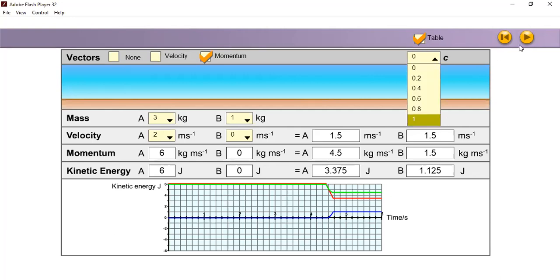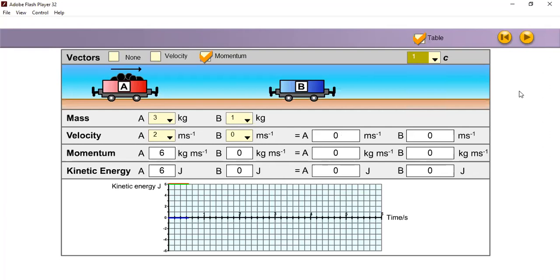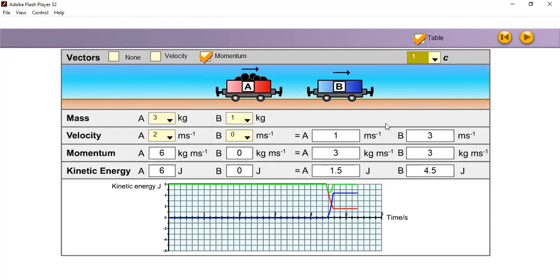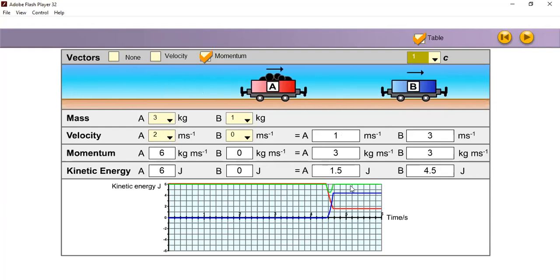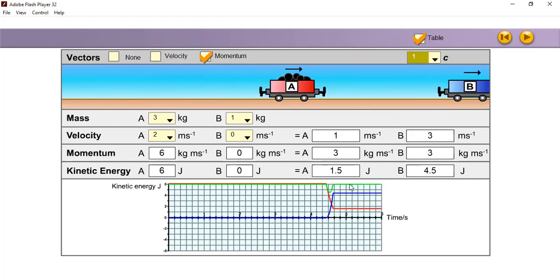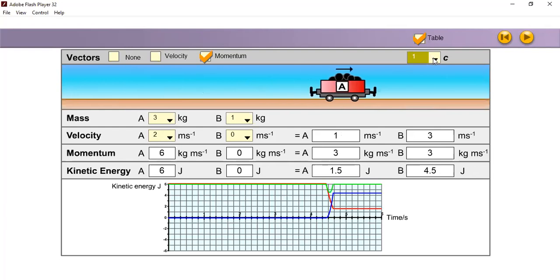If E is equal to 1, that means that after collision, they will move separately. You look at the total before, after, the total kinetic energy are conserved, are equal.